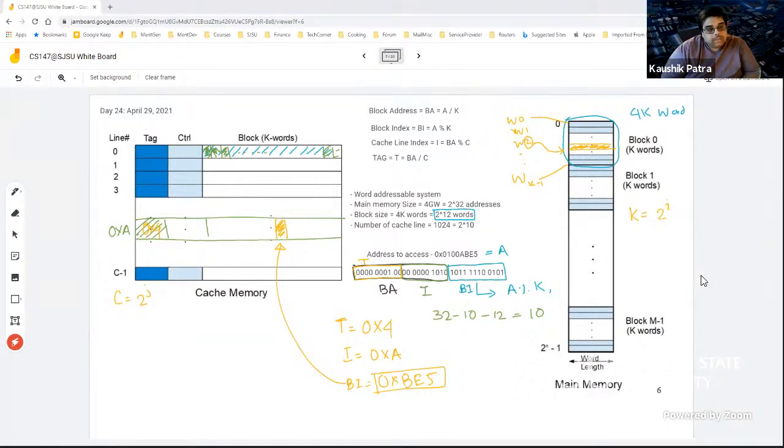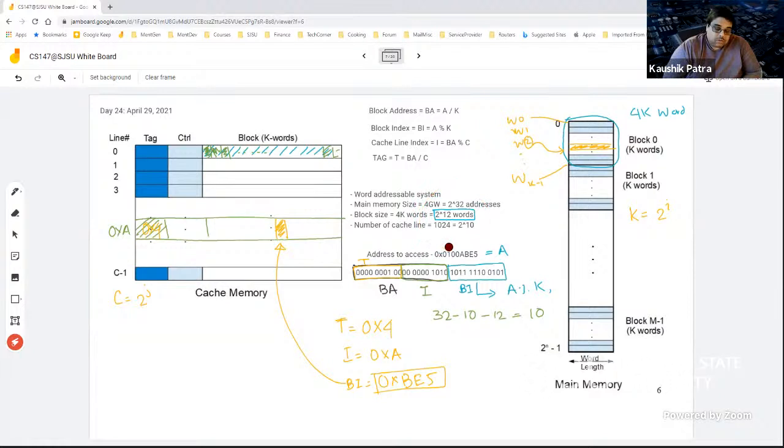So in the exam, if some problem like this is given, that given an access and this memory configuration, determine the tag, cache line index and block index, first you need to notice if the sizes are powers of 2.